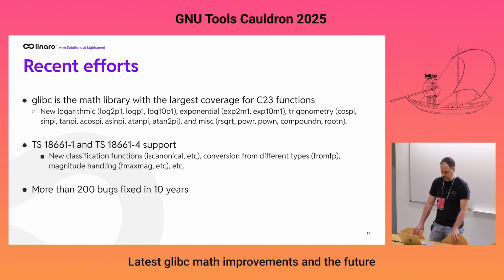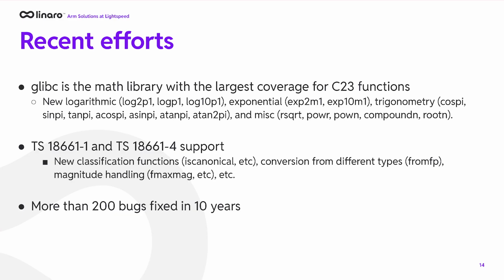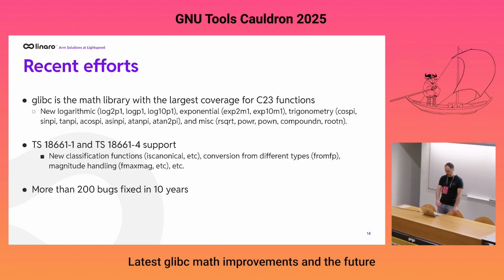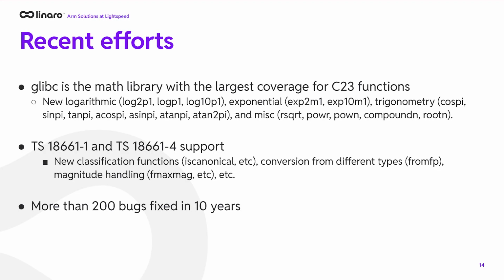And this is the recent effort that we have on glibc. As far as I know, glibc is the math library with the largest coverage for the new C23 functions. We have all the new logarithms, all the new exponential functions, all the new trigonometric ones, and also the new math functions like powr, pown.